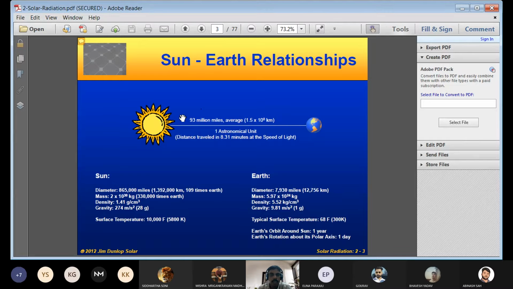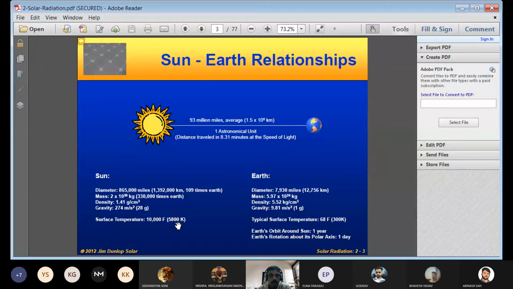You and I also emit radiation because we have a greater temperature than absolute zero. But our radiation is very little compared to solar radiation. Why? Because our temperature is 30 degrees Celsius. But what is the temperature of the sun? Surface temperature is 5800 Kelvin, right?